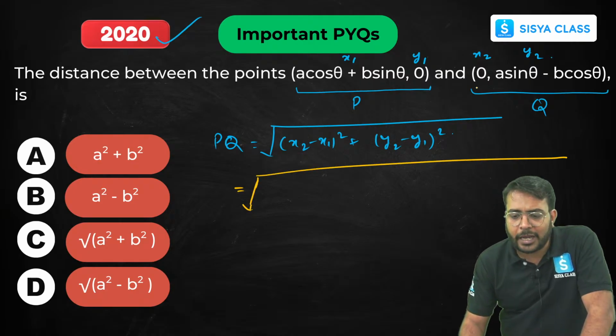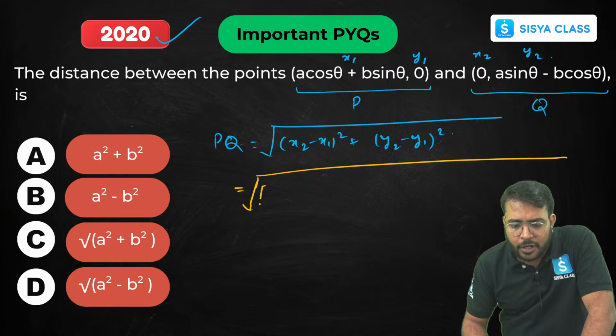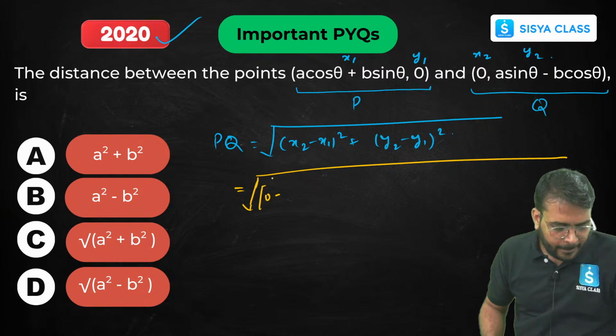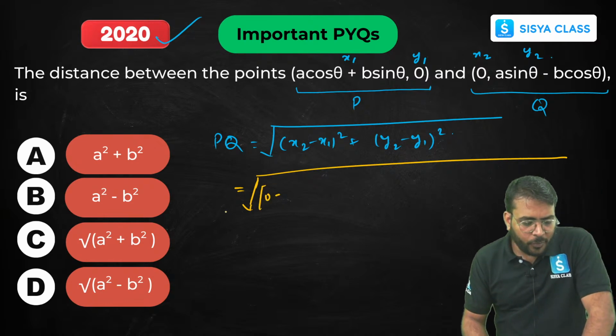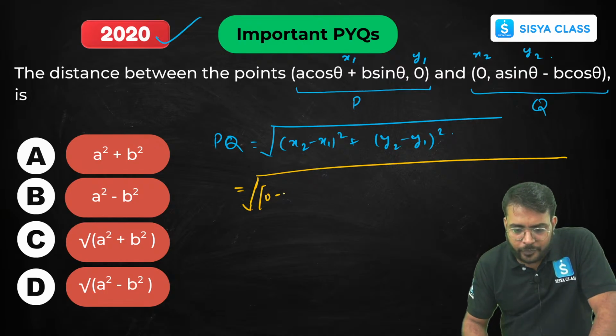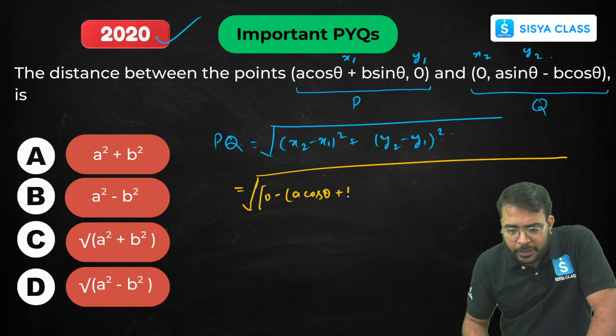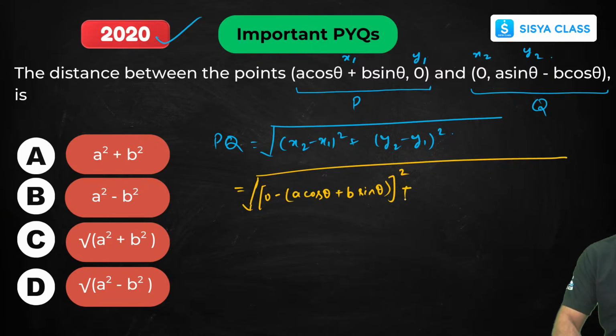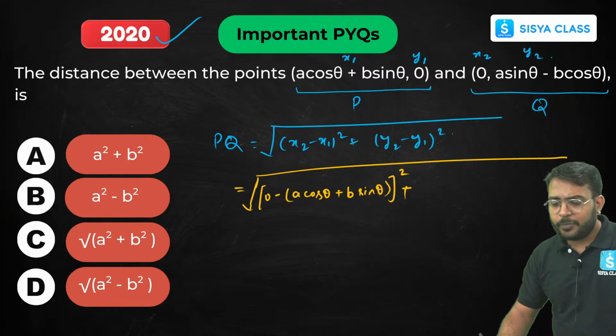All right. Find x2 minus x1. It is going to be 0 minus x1. x1 means (a cos theta plus b sin theta) whole square. Okay, fine. Plus y2 minus y1.